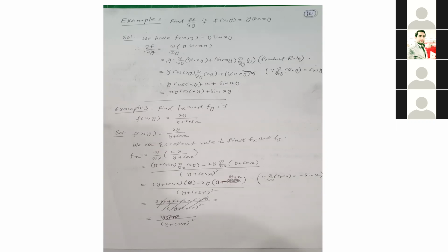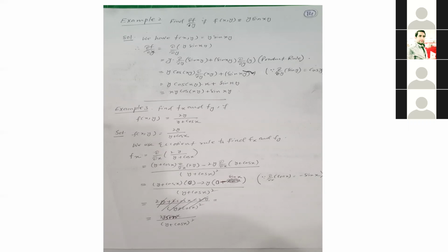So derivative of y with respect to x is 0 because y is constant in this case. And you know that derivative of cos x is minus sine of x. And down this y plus cos x whole square. Simplifying, you get 2y sine x divided by y plus cos x whole square. So the derivative of this function with respect to x is this.